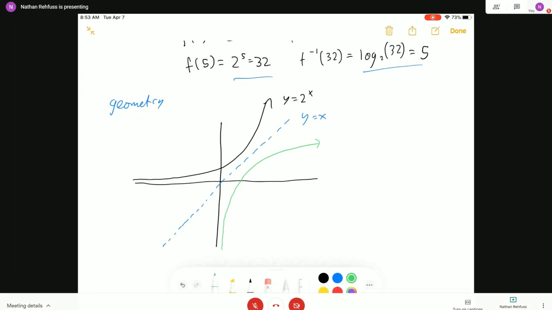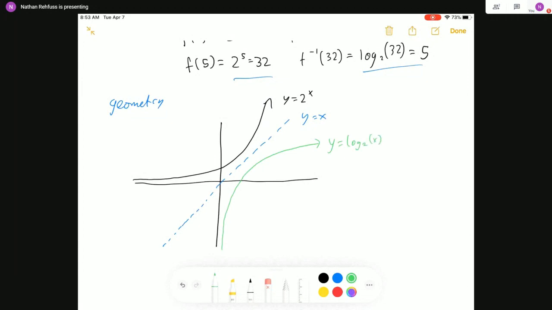So these are inverses of each other. This is the graph y equals log base 2 of x. So one of the reasons I was discussing inverses this morning is because that's the best way to find out what the graph of a logarithm looks like.